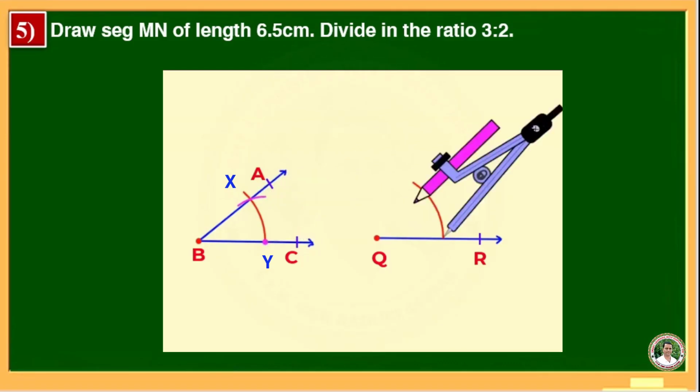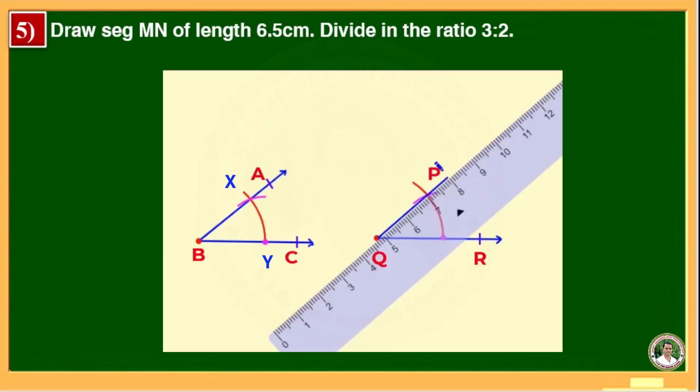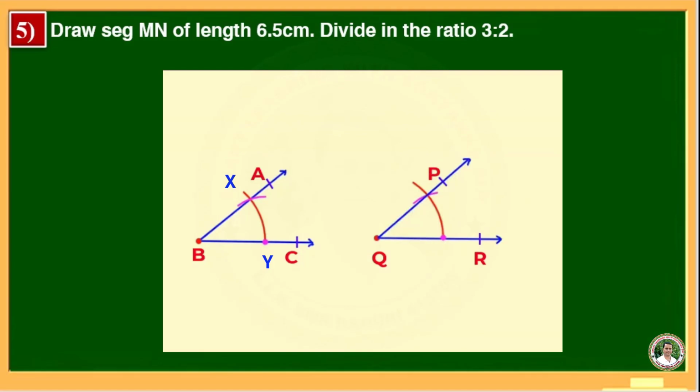Take the same distance and make another arc. The intersection point of the two arcs is P, and draw ray QP, which is shown in the figure. In this way, we can construct two congruent angles without using a protractor.